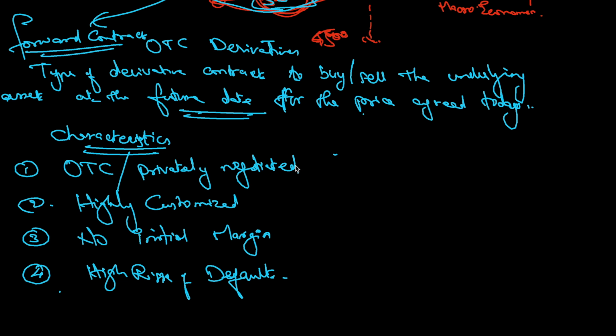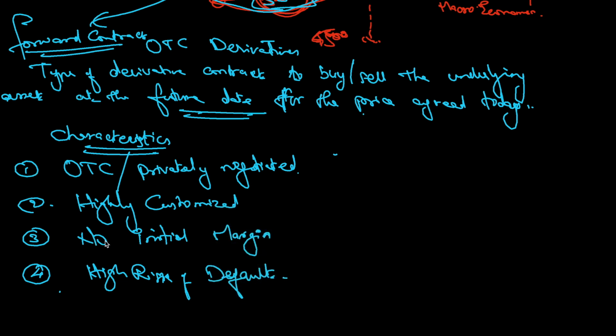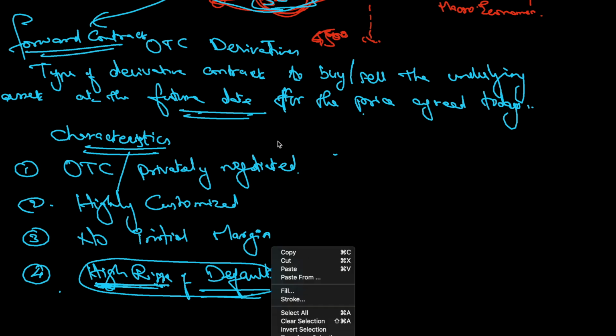Similarly, research happened over here also, on how to enhance this product. This high risk of default is something one would not like to see. It should be eliminated, otherwise it can stop a lot of forward contracts from happening. So research happened on how to mitigate this risk.